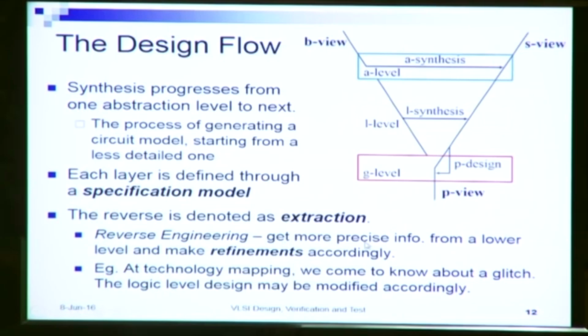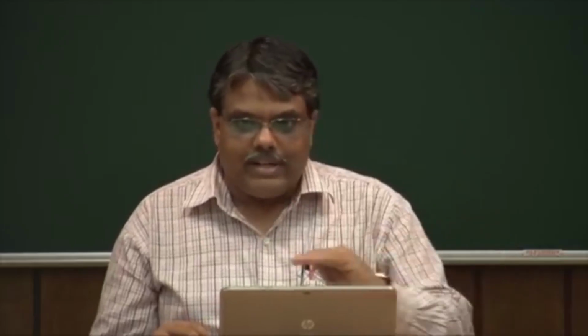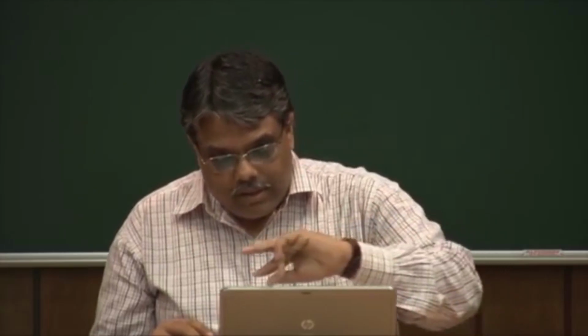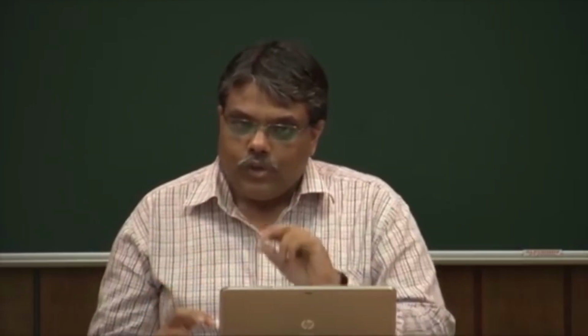For example, until we go to the transistor level, we don't understand that there is a glitch. Let us say I have a gate with two inputs, and the inputs come through a set of previous gates. The inputs to this gate do not come at the same time, they come at different times. So for a very short period of time there is an error that is called a glitch.